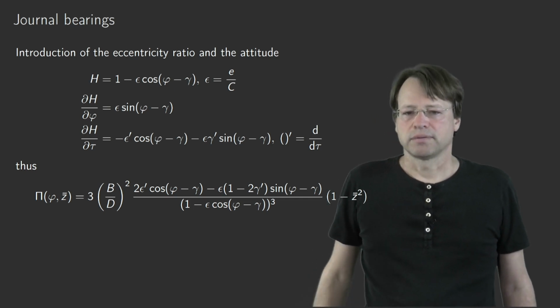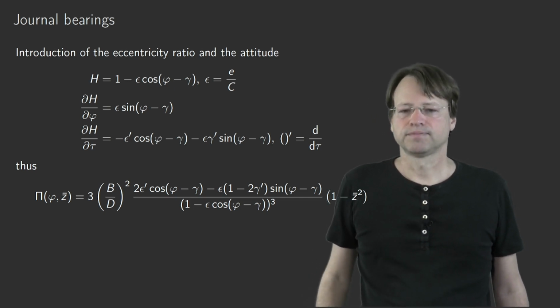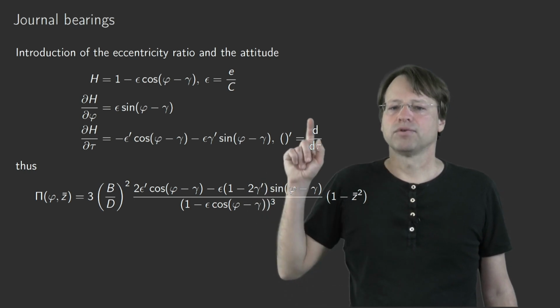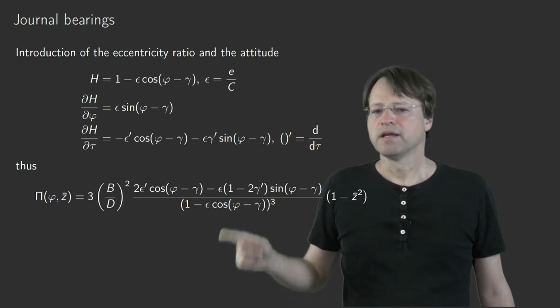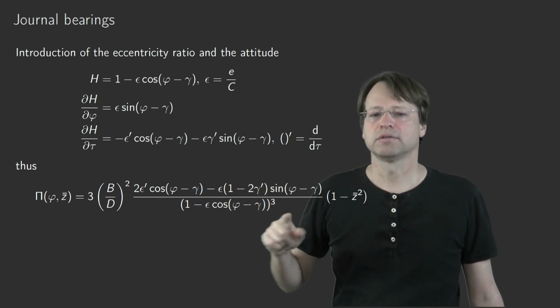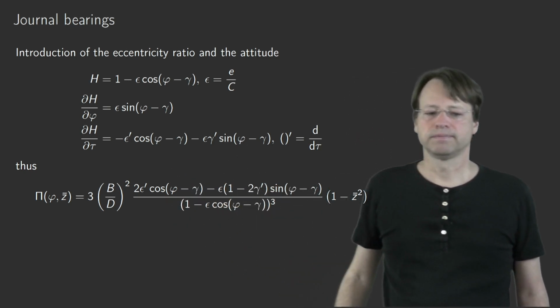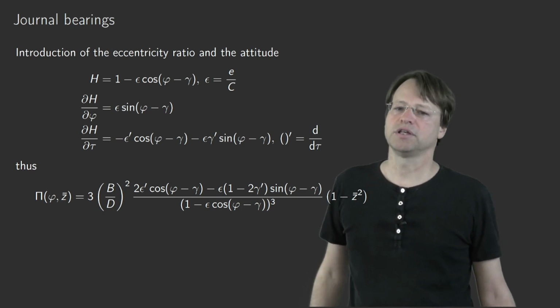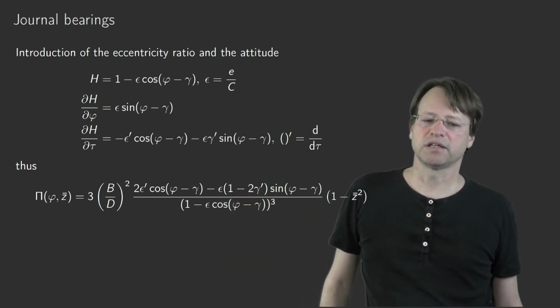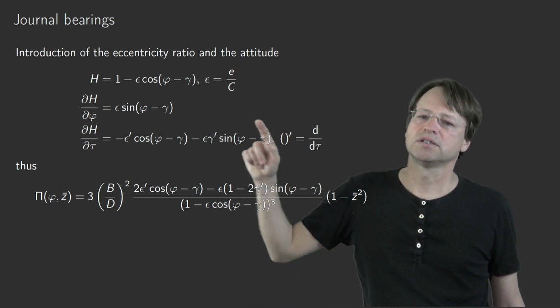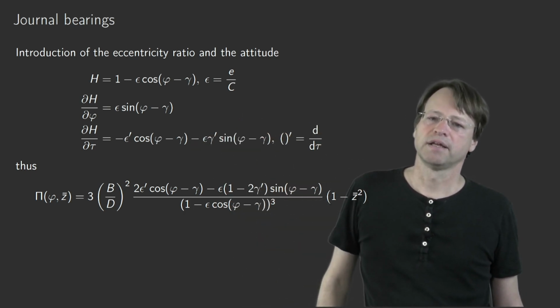How can we interpret this result? So, first of all, if we look at what drives that pressure, then we have to look at the numerator of this expression here. The denominator is just h cubed, but the numerator stems from these derivatives. What can be said about these derivatives? What is the dh by d phi?